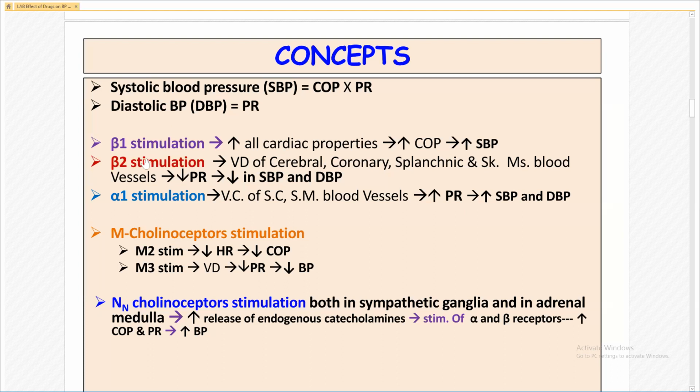As we know, beta 1 adrenoreceptor is located in the heart muscle, and stimulation of this beta 1 receptor increases all cardiac properties, increase in the cardiac output and increase in systolic blood pressure. So if there is increase in the cardiac output, there is increase in systolic blood pressure.